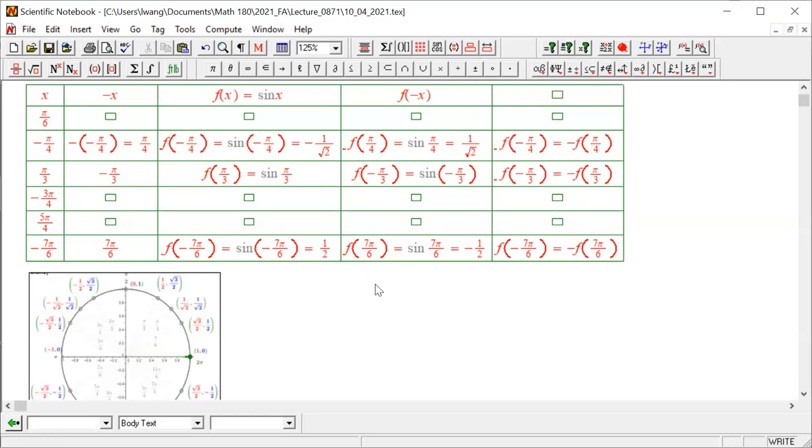So whenever the inputs are opposite, their respective outputs are opposite as well. Doesn't that confirm it? Well, this just confirmed it, it's not a proof, okay? It confirms that the sine function is an odd function.